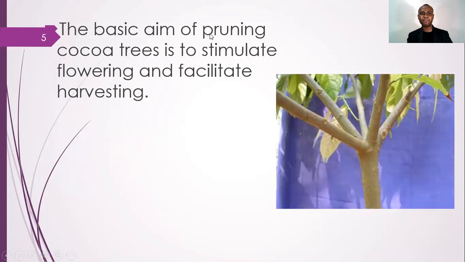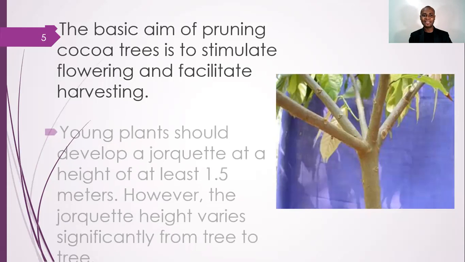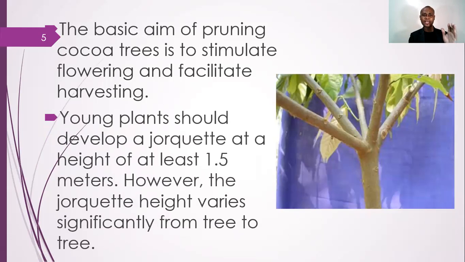The basic aim of pruning cacao trees is to stimulate flowering and to facilitate harvesting. So you prune to make sure that you get more flowers and to make harvesting easier. Young cacao trees should develop a jockey at a height of around 1.5 meters.